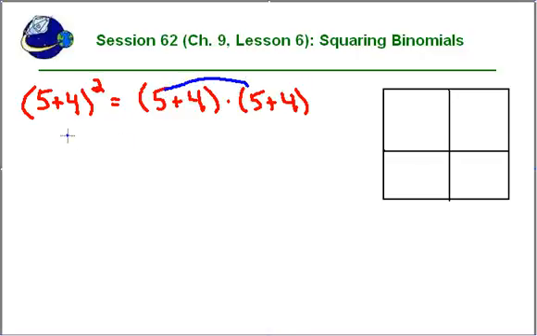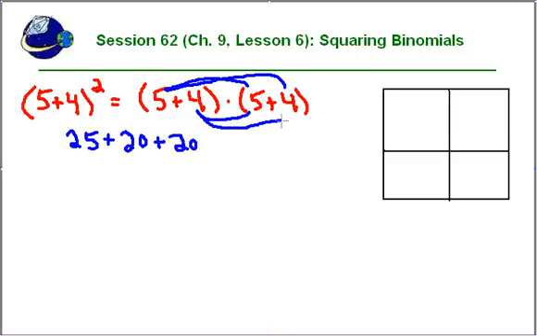5 times 5, that's going to be 25. 5 times 4 is 20. Then this 4 times 5 is going to be 20. Then lastly, our 4 times our positive 4 is going to be 16.